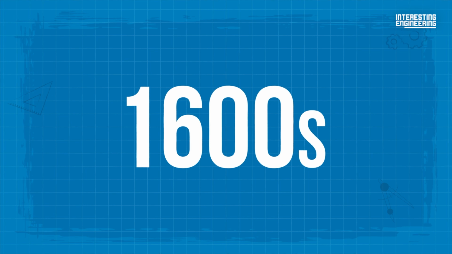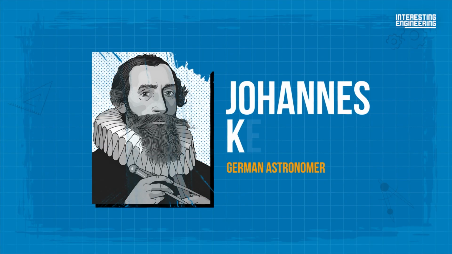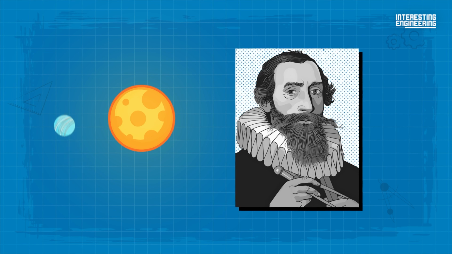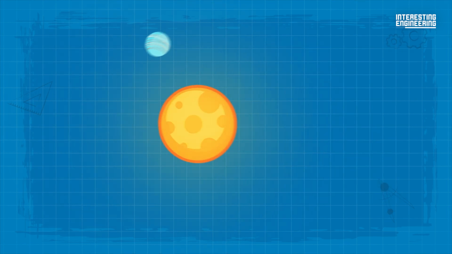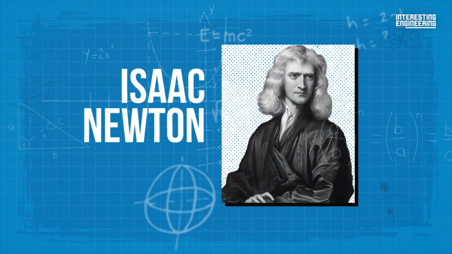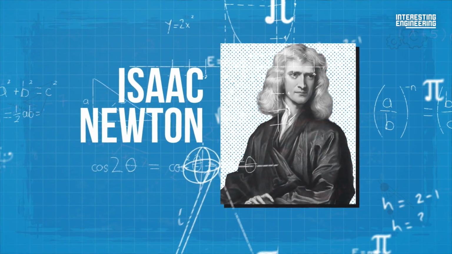In the early 1600s, German astronomer Johannes Kepler discovered what we understand today as planetary motion. He explained how planets, like the Earth, rotate around a star, our Sun. About 50 years later, Isaac Newton proved mathematically how planets revolve around their stars.